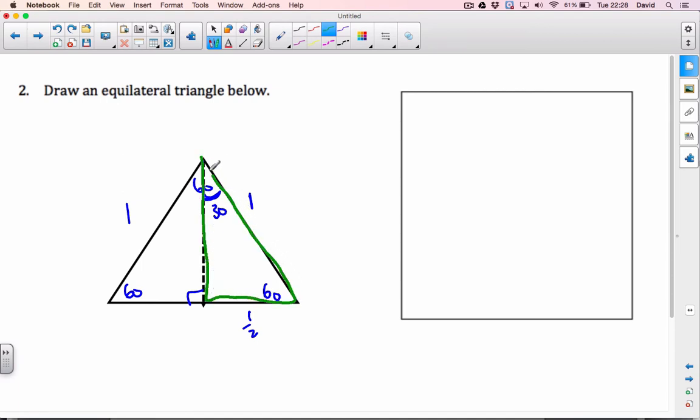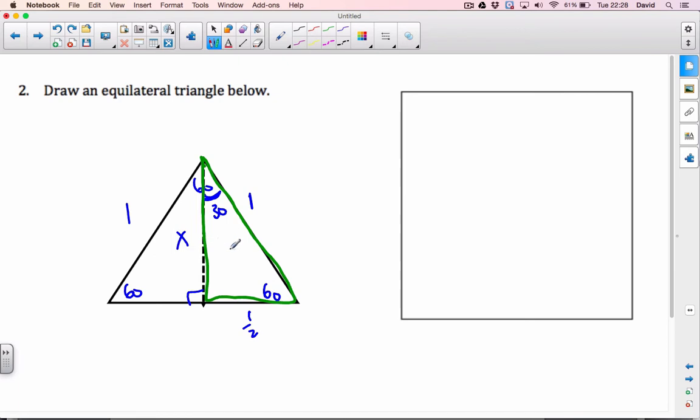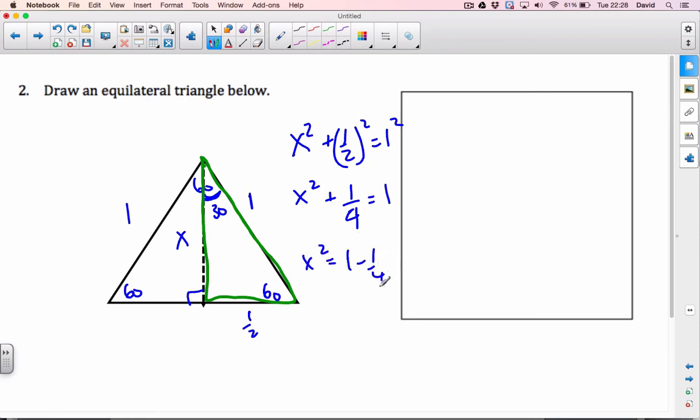If I want to find what this altitude is, let's call it x for now, I know that x squared plus 1/2 squared is equal to 1 squared. Well, x squared plus 1 squared over 2 squared equals 1. x squared is equal to 1 minus 1/4. Well, I know that is 3/4.